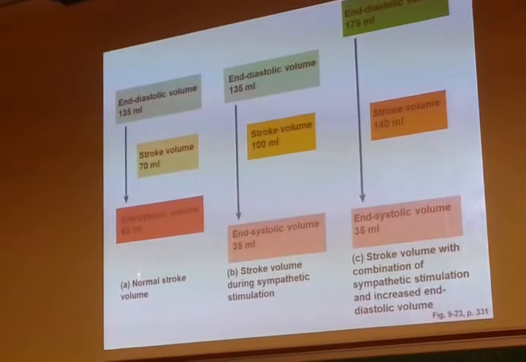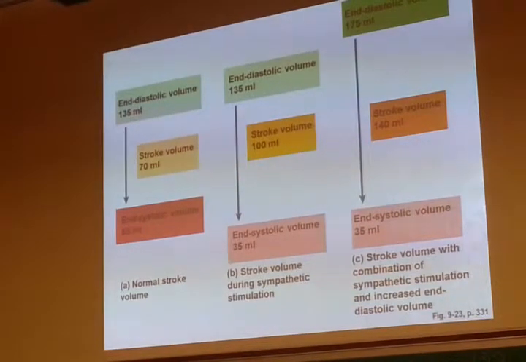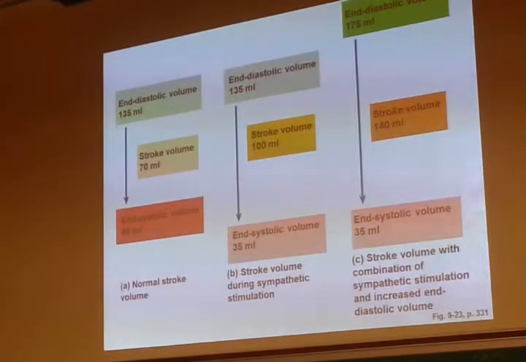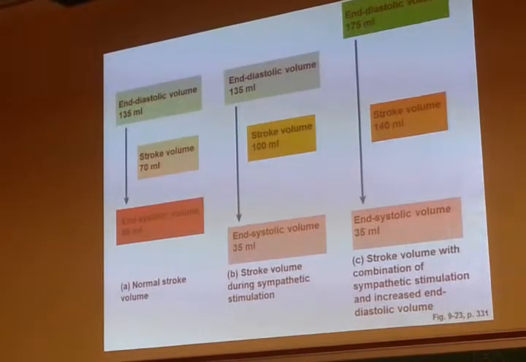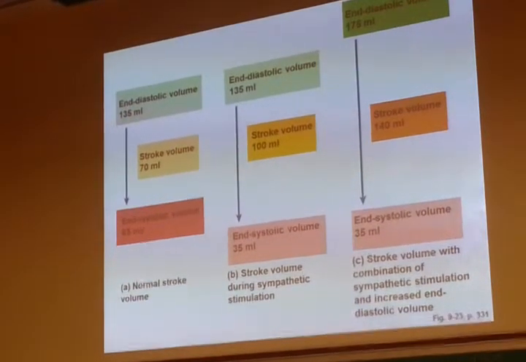But they're not going to go below this 65 ml end systolic volume. They push more blood out, but they don't get the end systolic volume down below this 65 ml. That's an important point to think about.